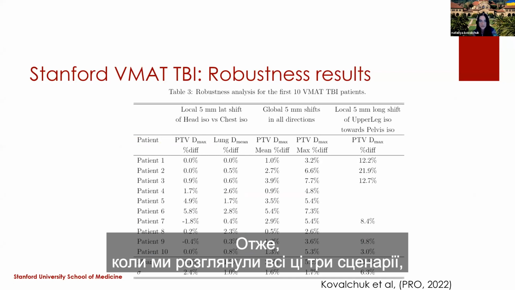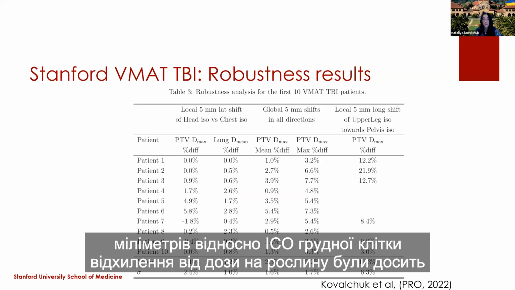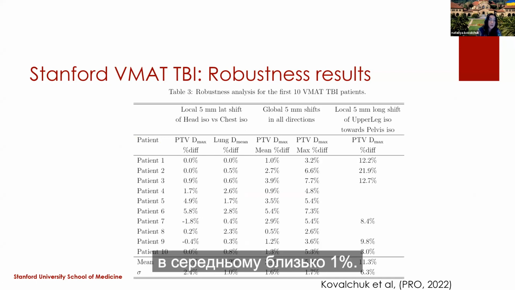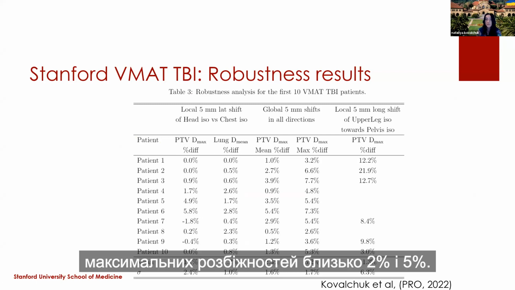When we looked at all these 3 scenarios, we found that when we move head isocenter 5 mm relative to chest iso, the deviations from planned dose were quite small for PTV D max and lung D mean, on average around 1%, and the global shifts of 5 mm in all directions produced mean and maximum differences of around 2% and 5%.